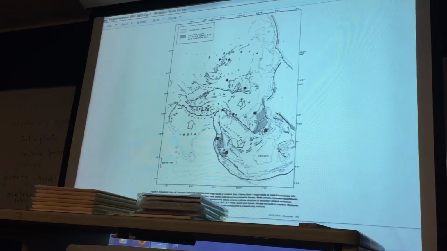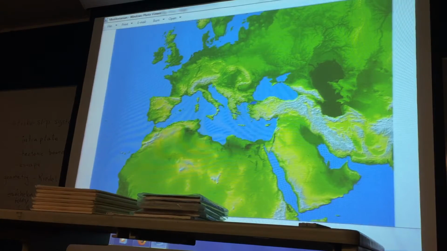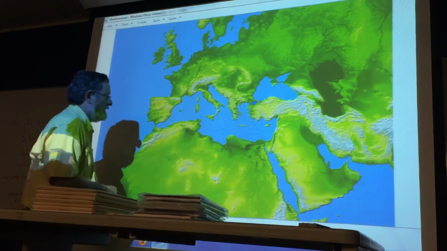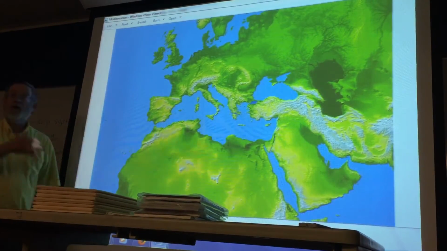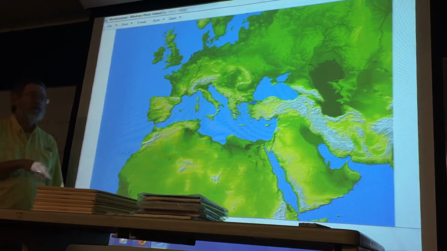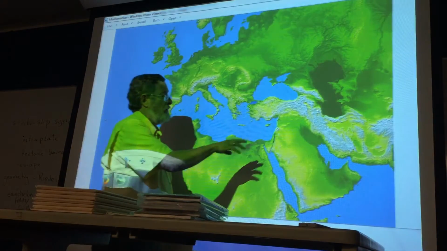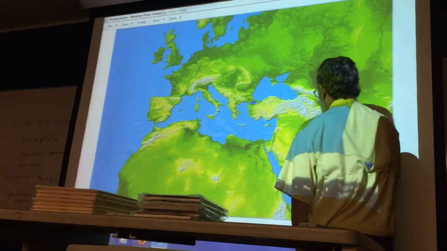We see this in the Mediterranean. Here's a shuttle radar of the Mediterranean. This would be the Atlas Mountains in here. These correspond in part to the Appalachian Taconic Acadian system. We have the Red Sea. This would be the Persian Gulf.